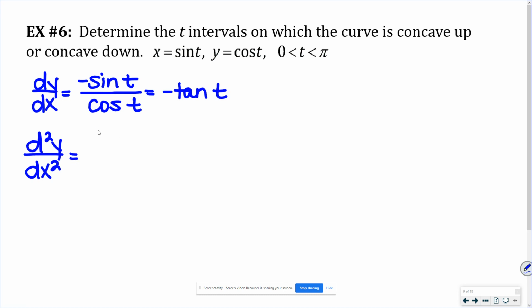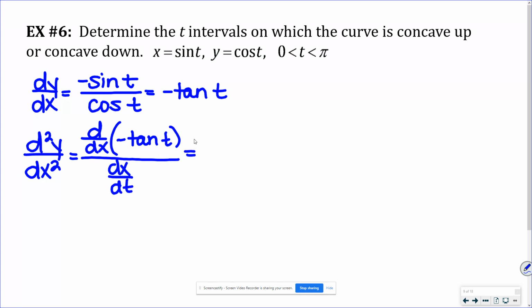And then for the second derivative, to do this, you would take the derivative of the derivative, which is negative tangent of t, and you would divide by dx/dt. So the derivative of the derivative is, let's see, negative secant squared t, and then dx/dt is cos of t, and I think we could rewrite this.